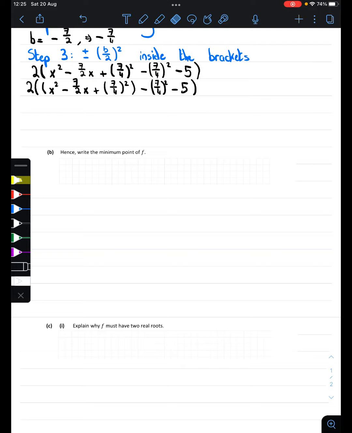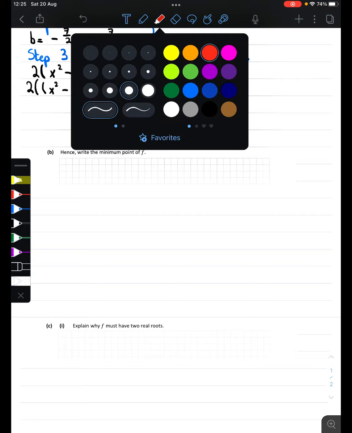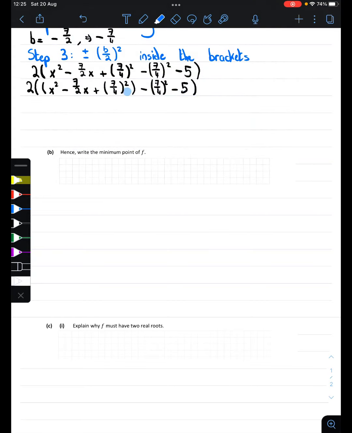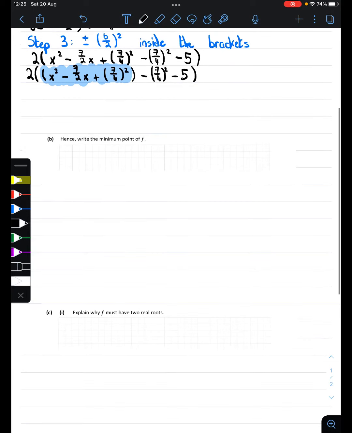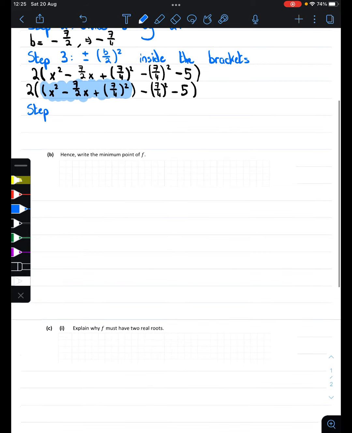If we look just at this section, we can very easily factorize it. This is probably step 5, and step 4 was group terms.